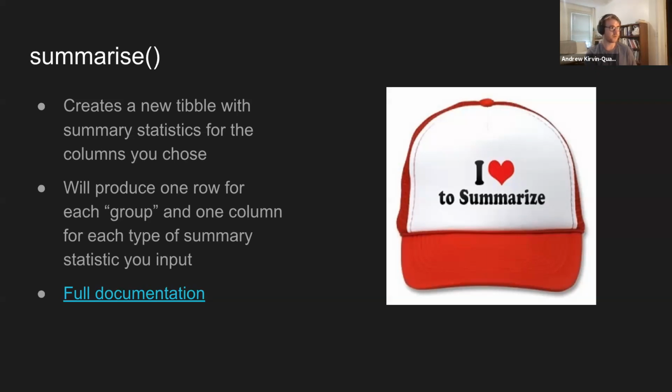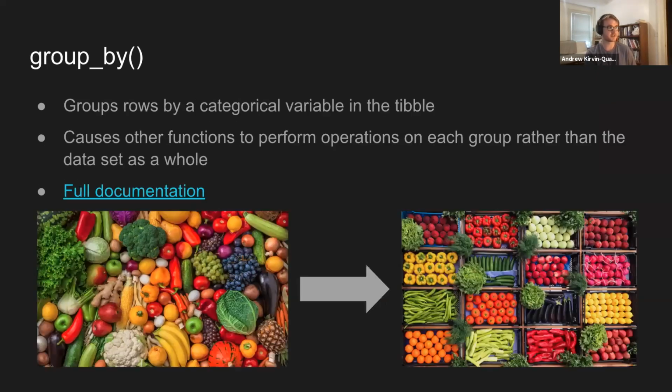And if you want to change which groups it's calculating those means for, then you would use group by in order to calculate the mean within the groups rather than the mean for the whole data frame.